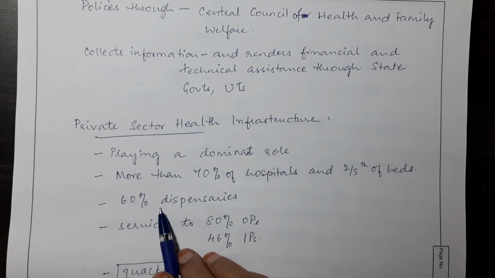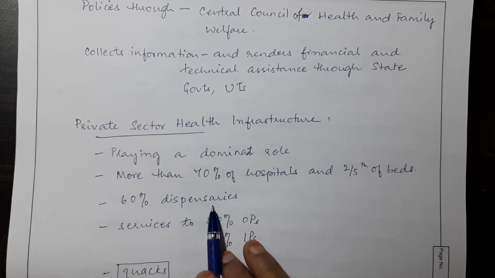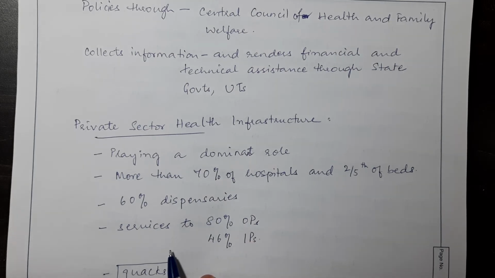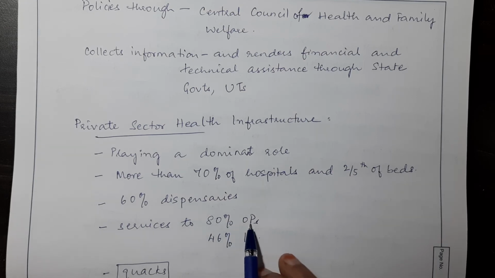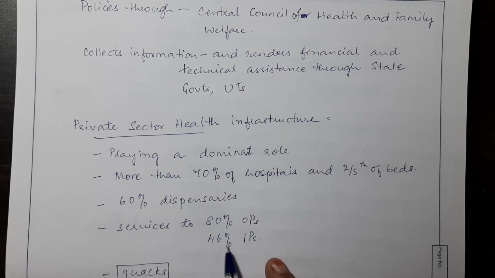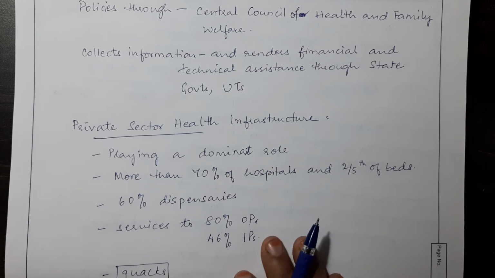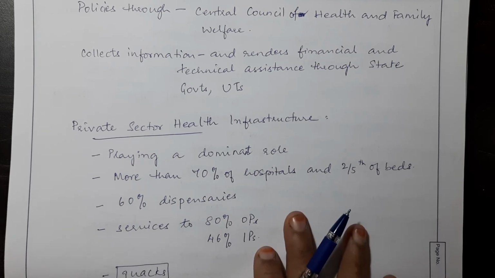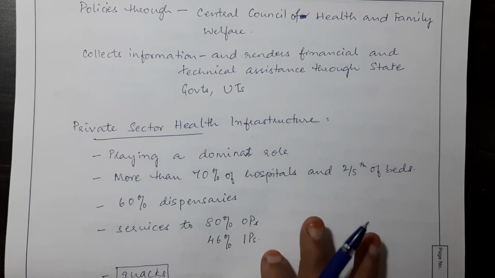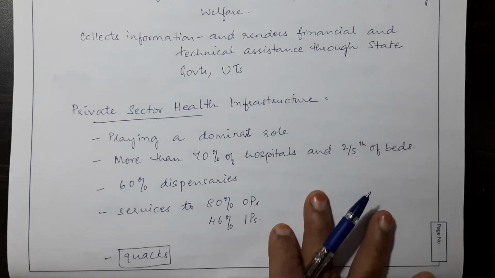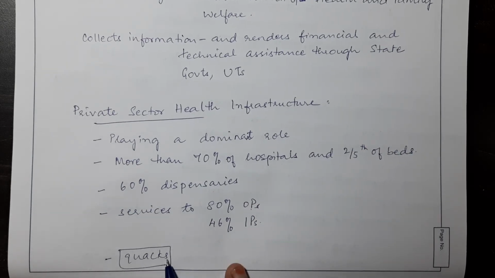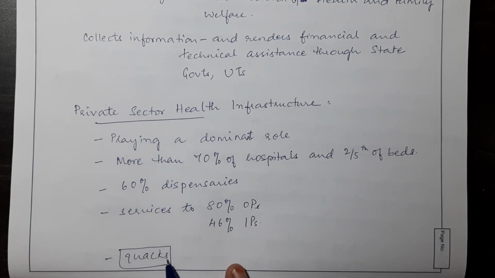Nearly 60% of the dispensaries are run by the private sector. Then this sector provides healthcare services to 80% outpatients and 46% inpatients. The private sector in India has grown independently without any major regulation. But some private practitioners are not even registered doctors, and these people are called as quacks.